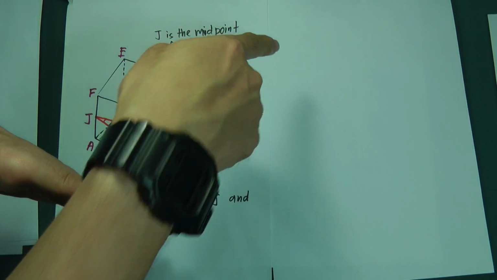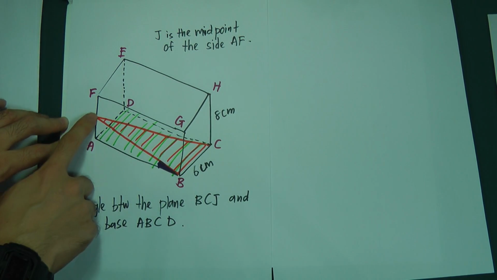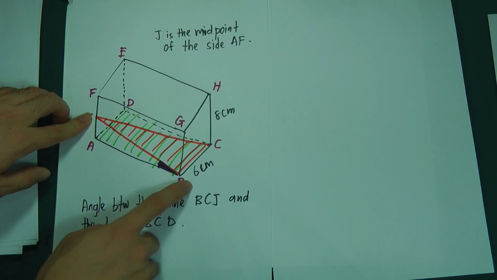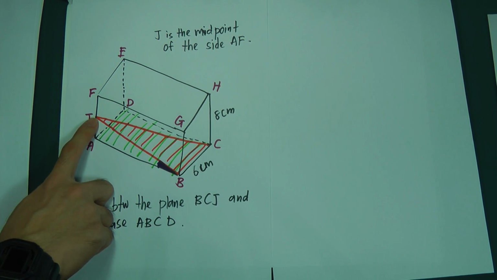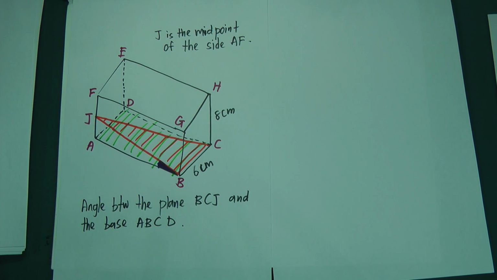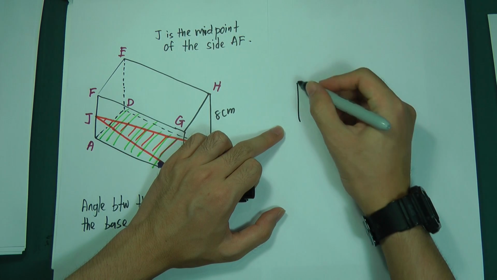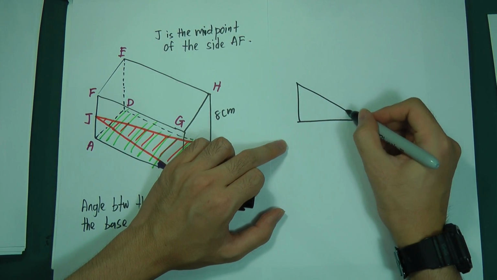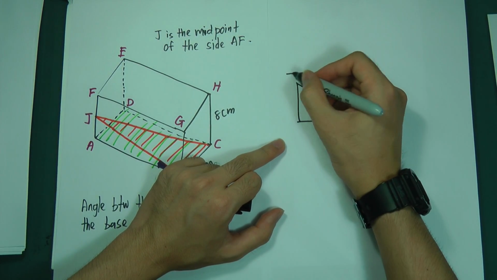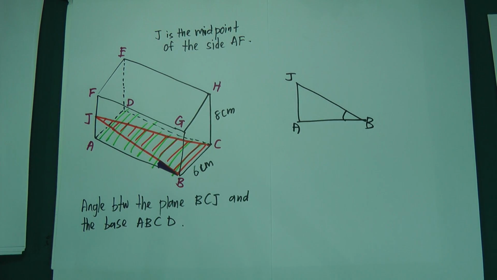It means you do not take this line. So we take the nearest one, which is JBA. This is the angle in between. So I draw out the triangle, which is J, B, and A.